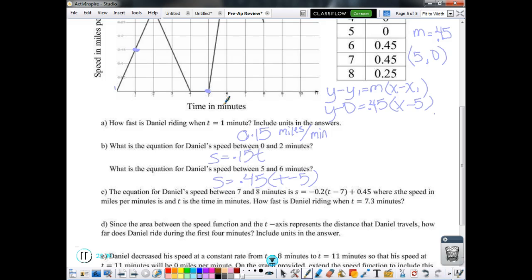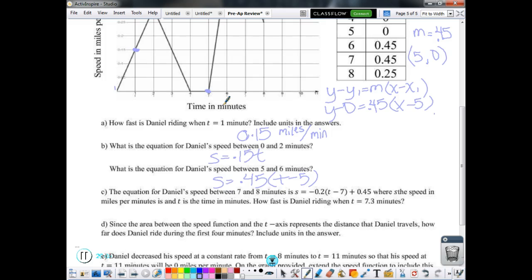Okay, the equation for Daniel's speed between 7 and 8 minutes is s equals negative 0.2 times t minus 7 plus 0.45, where s, the speed in miles per minute, and t is the time in minutes. How fast is Daniel riding when t equals 7.3 minutes?